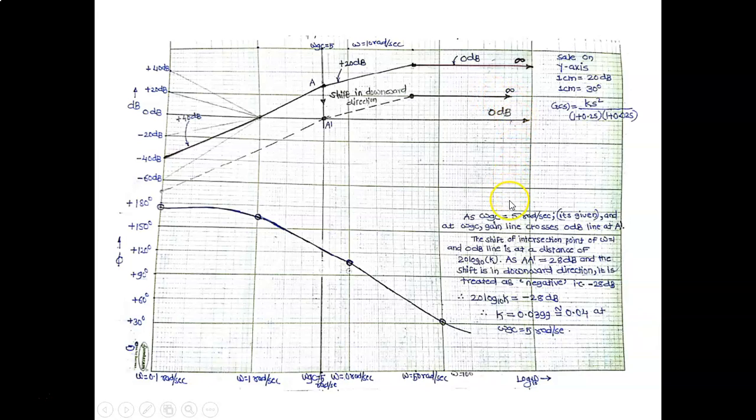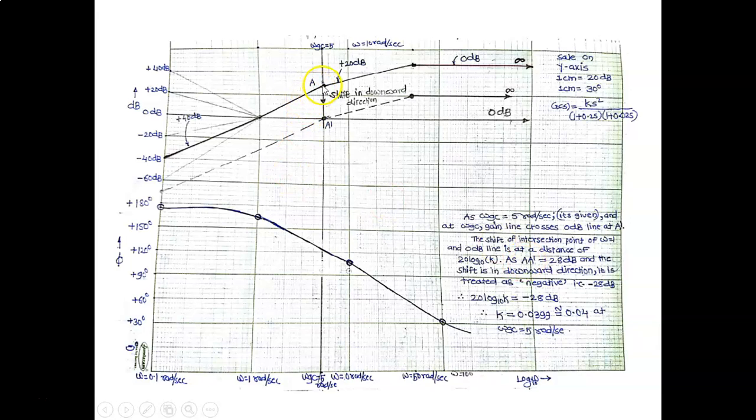Now as omega gc = 5 radian per second is given, at omega gc the gain line crosses the 0 dB line at A dash. The shift of the intersection point of omega = 1 and the 0 dB line is at a distance of 20 log K to the base 10, that is AA dash.